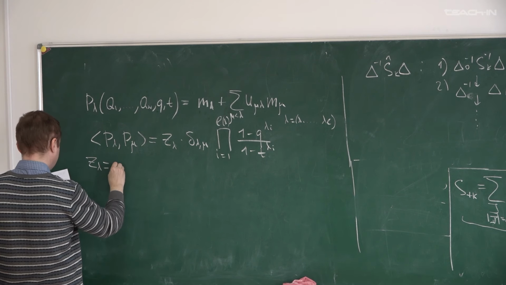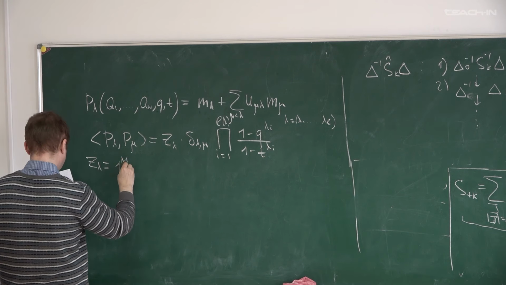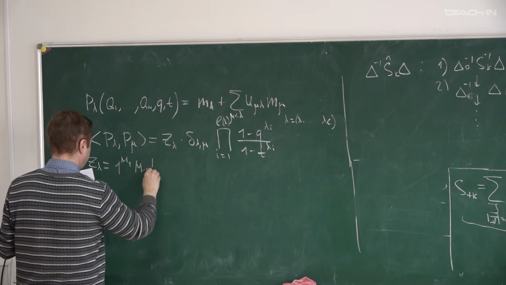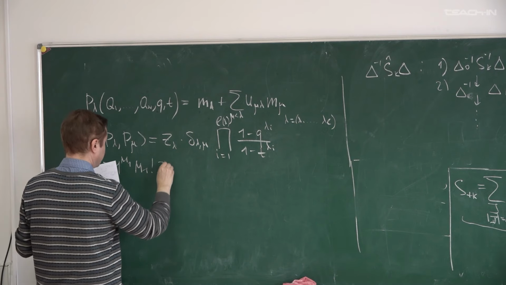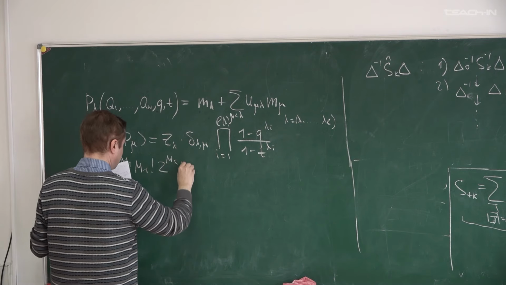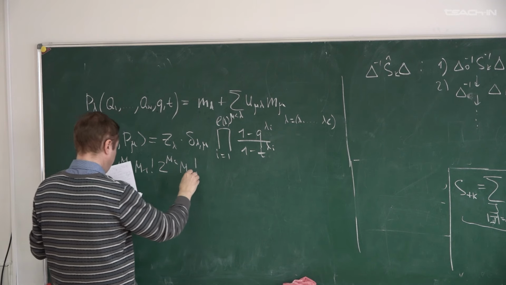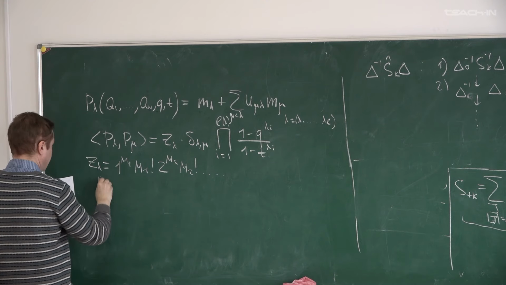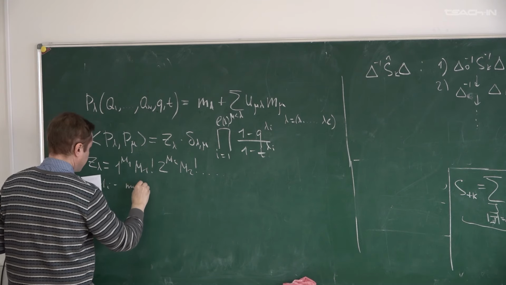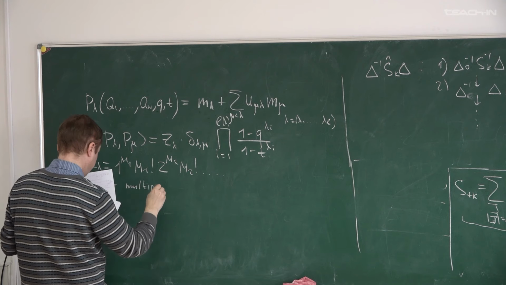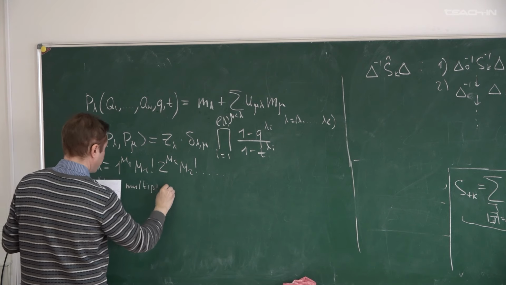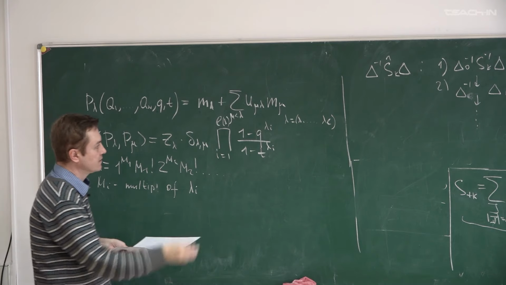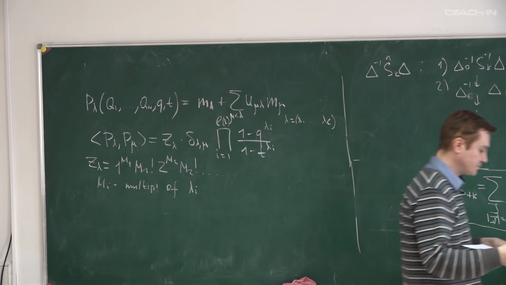z lambda is equal to 1 to the power m1, m1 factorial, 2 to the power m2, m2 factorial, and so on, where these mi are multiplicities of parts i entering the partition lambda.